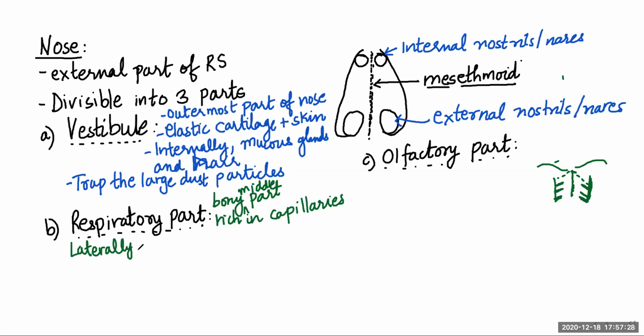So laterally it has 3 pairs of horizontal shelf-like bones.